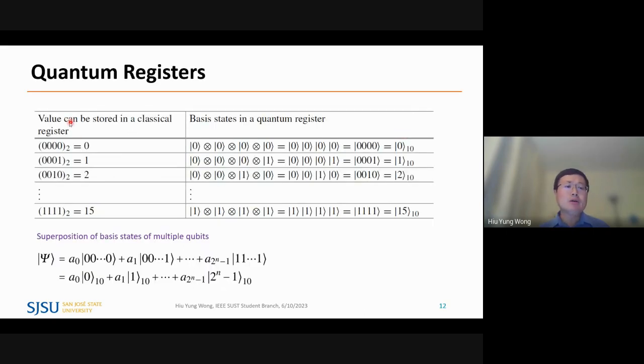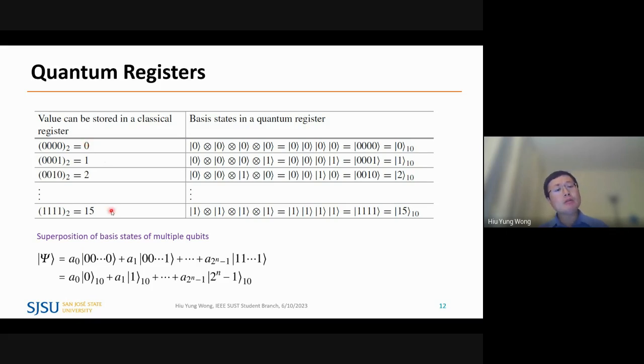Now, let's look on the left. This is just a classical register. I guess some of you already learned this in your computer architecture. If I have 4 bits, I can have 0000, 0001, all the way to 1111. I can represent 16 states. In decimal, it is from 0 to 15.